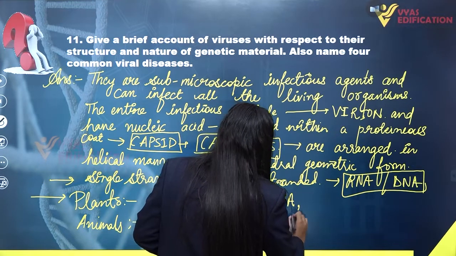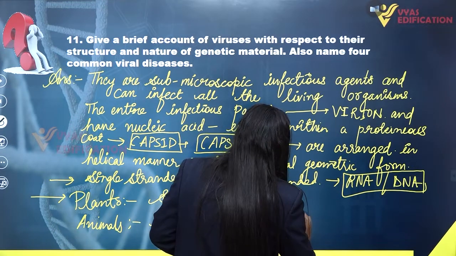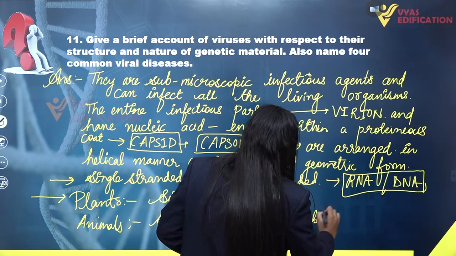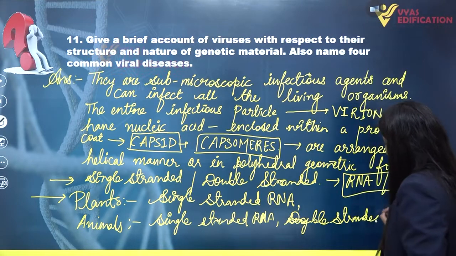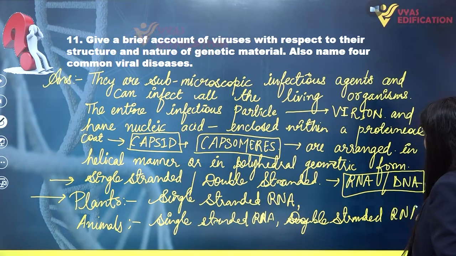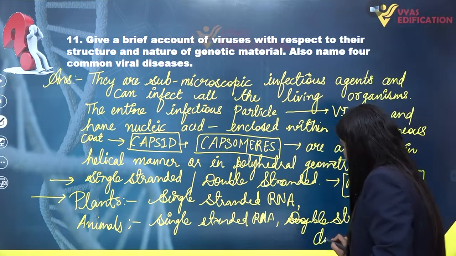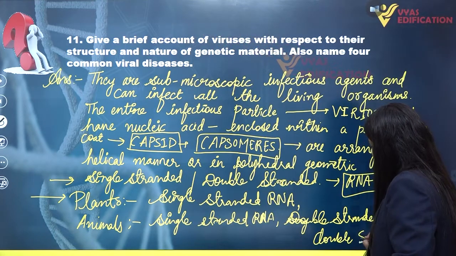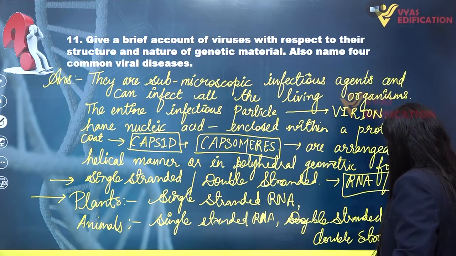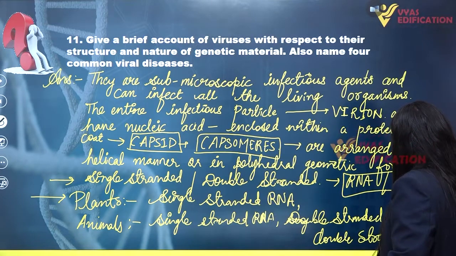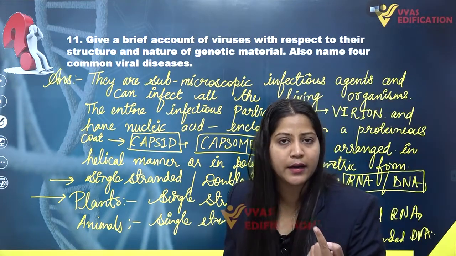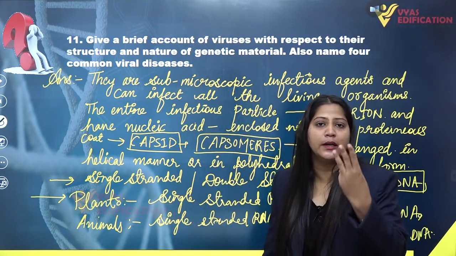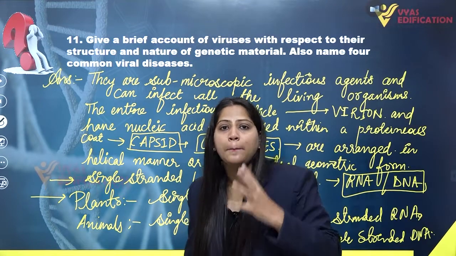They also can have double stranded RNA, or also they can have double stranded DNA. So the viruses infecting animals can have single stranded RNA, double stranded RNA, or double stranded DNA as their genetic material.